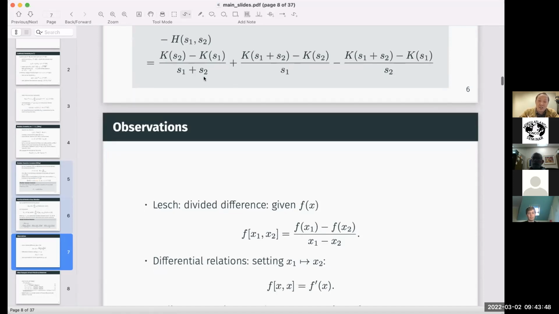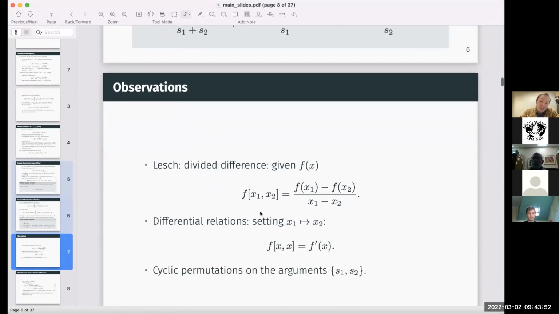If you look at this divided difference and take the limit as x1 approaches x2, you get the derivative, so there are potentially some differential relations behind it.